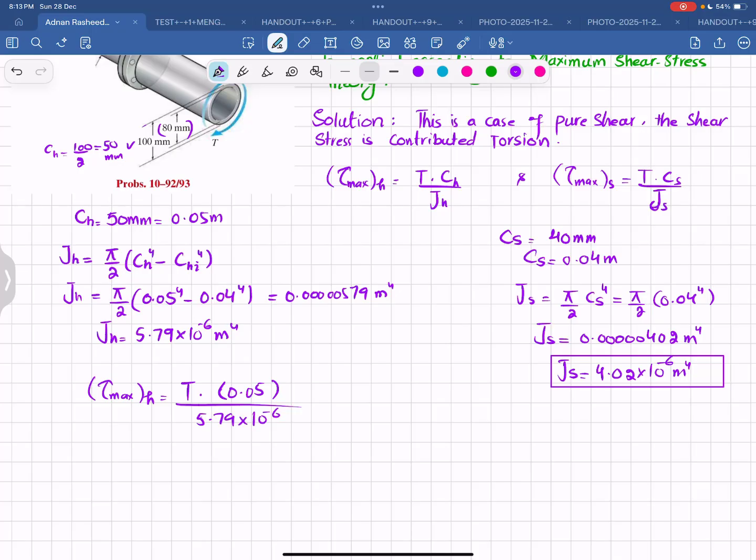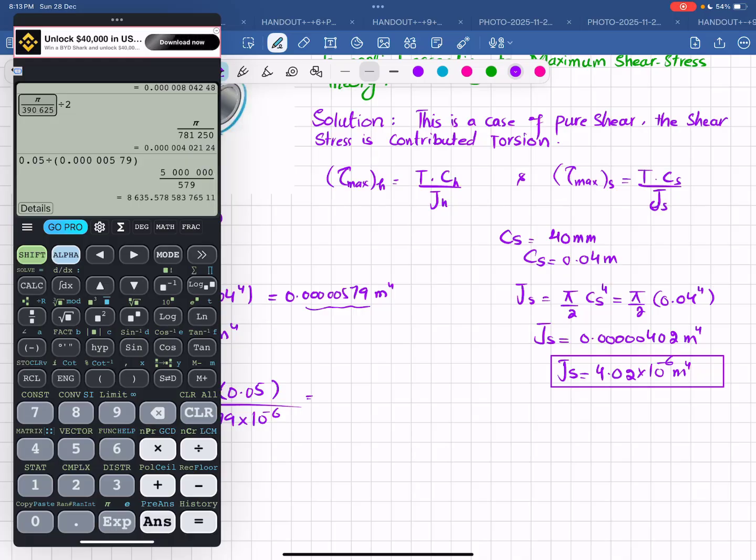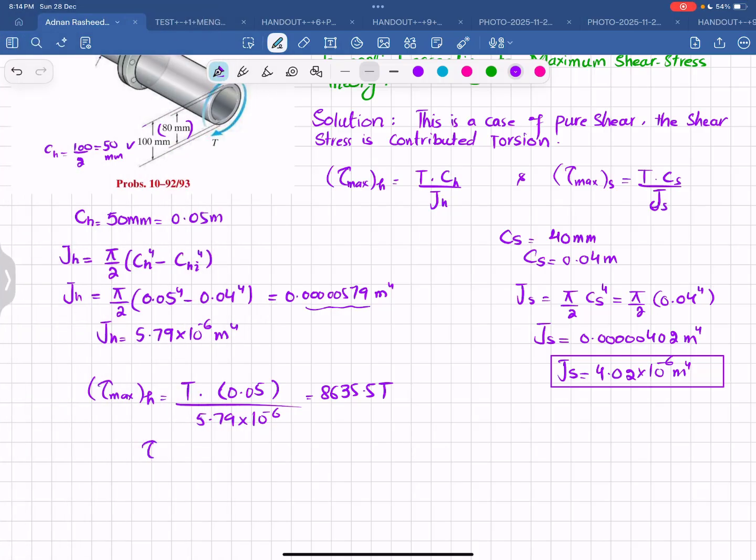So 0.05 divided by 0.00000579, and you can see we will have 8635.5 times T. Okay, so the maximum shear stress in the hollow segment or hollow shaft is 8635.5 times T.